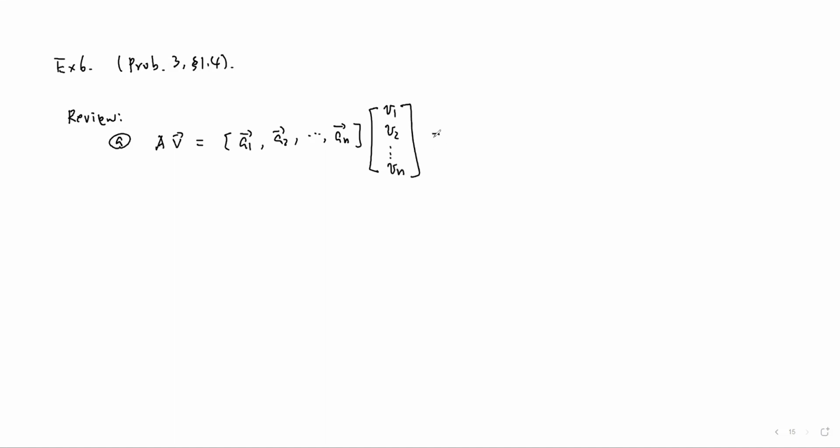Now the formula is V1 times column 1, and V2 times column 2, and so on, Vn times column n. In other words, a matrix times a vector is a vector. That vector is a linear combination of the columns of the matrix A. Formula 1.